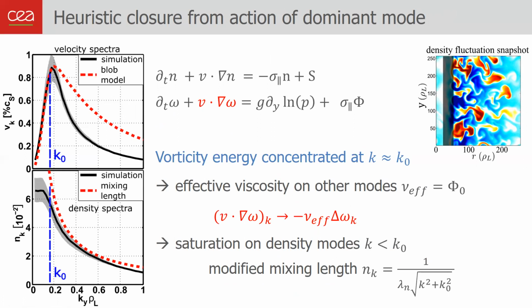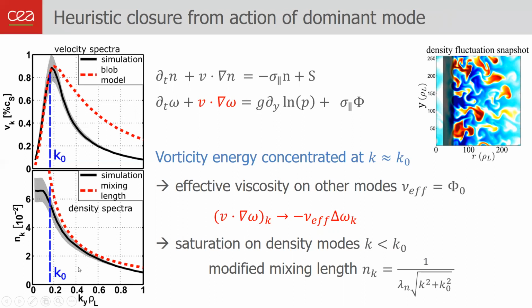So maybe we could describe its impact on other modes as an effective viscosity. And so the effective viscosity would be simply the potential perturbation associated to this mode K0. And so we make this approximation of translating this Reynolds stress into an effective viscosity. This is for vorticity.